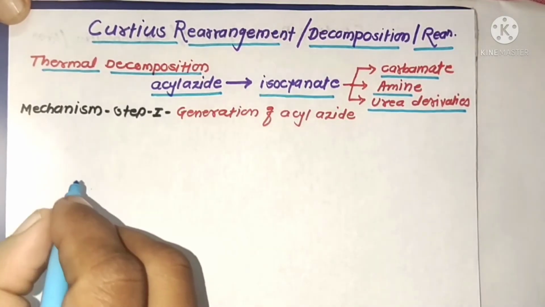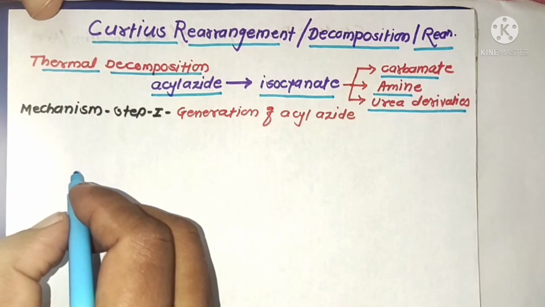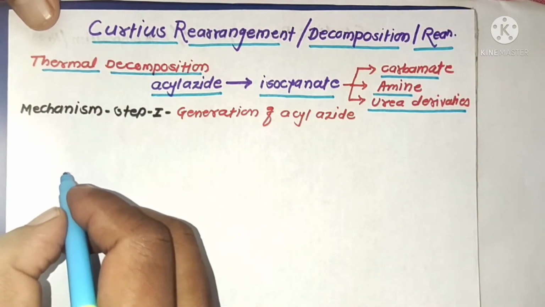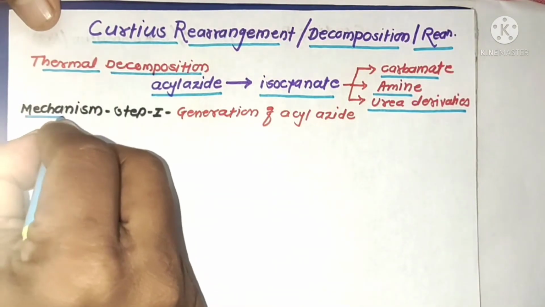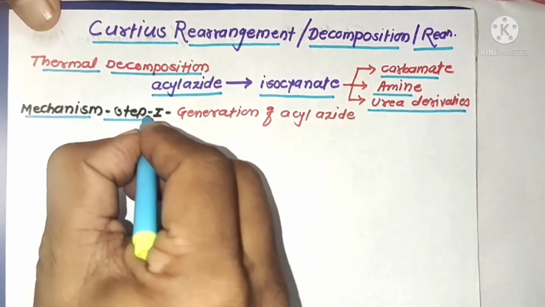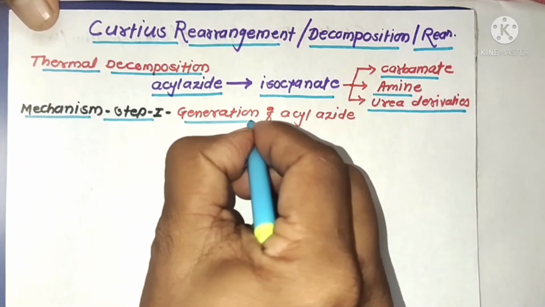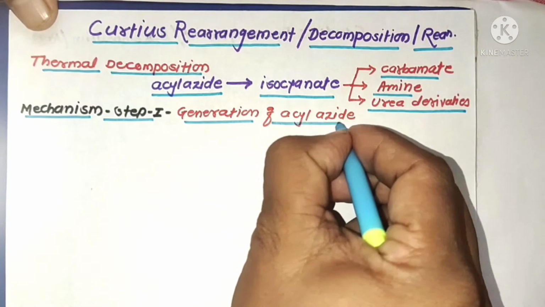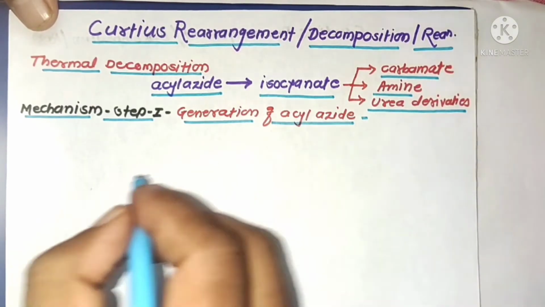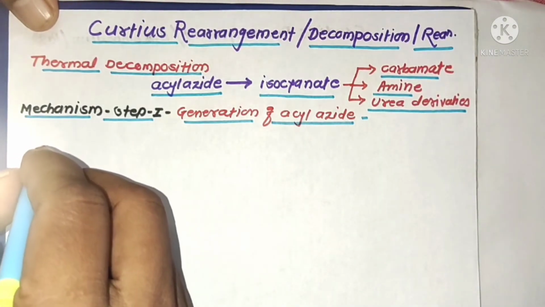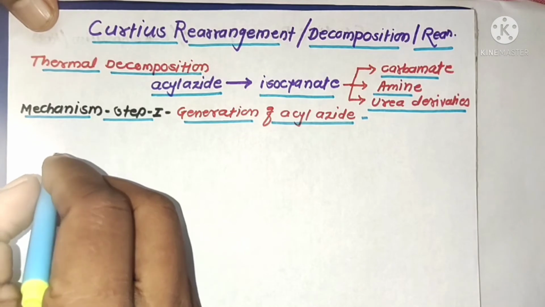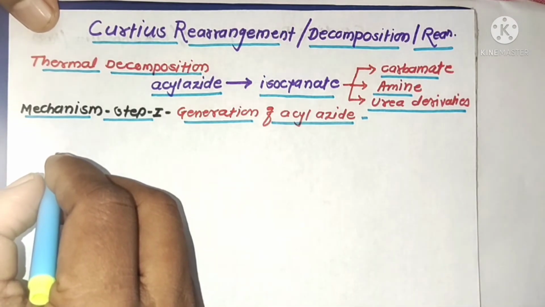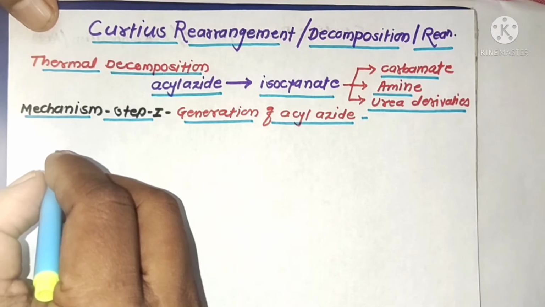In the reaction mechanism, there are two possible steps. In the first step, there is generation of acyl azide. This acyl azide can be generated from the reaction between acid chloride and sodium azide, to form isocyanate as an intermediate of this reaction.